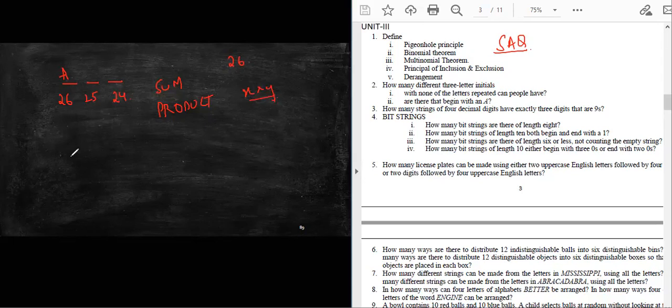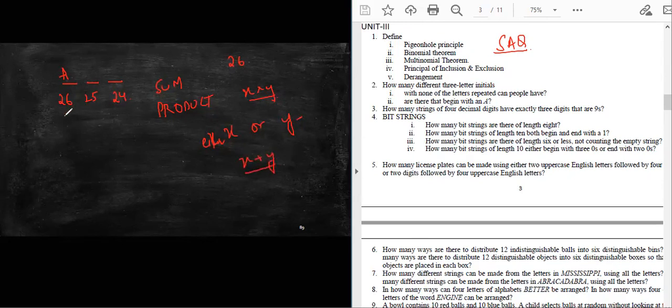Similarly, in the case of sum rule, the definition is, if a task can be done in either x ways or y ways, where none of the x ways and y ways are the same, that is, these are different kinds of ways, then we will do x plus y.